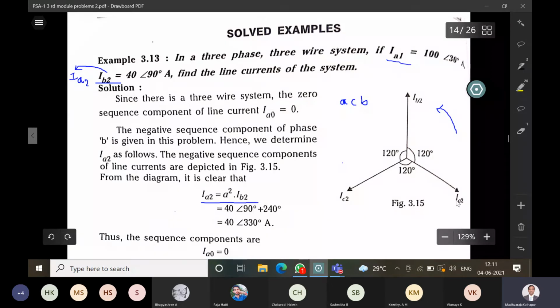So A to C 120, A to B 240, right? A to B is 240, A to C 120. So that is A square. So 40 at an angle 90, that is IB2 given already. A square value is 240. So then it will become 40 at an angle 330 degree ampere.